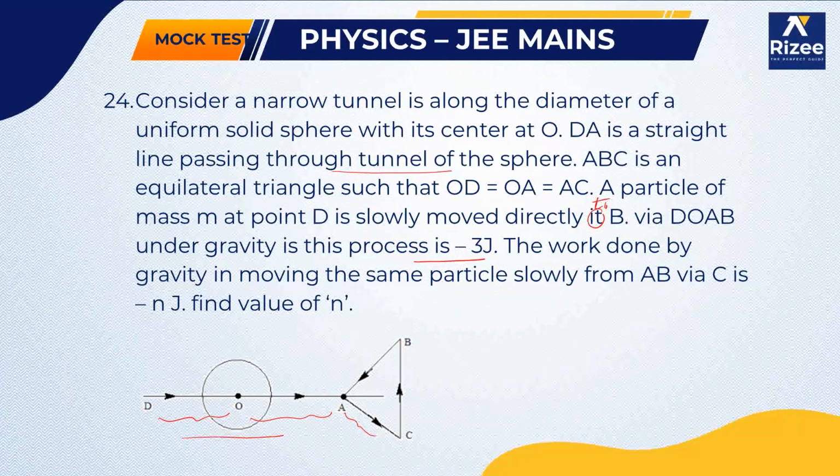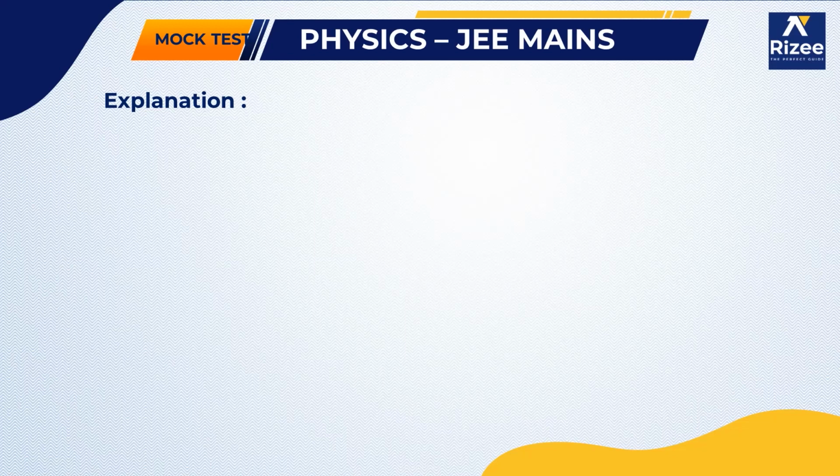Since it's work done, the distance traveled will be the same here. In the question he has given that the work done in moving the particle from D to B is minus 3 joules.